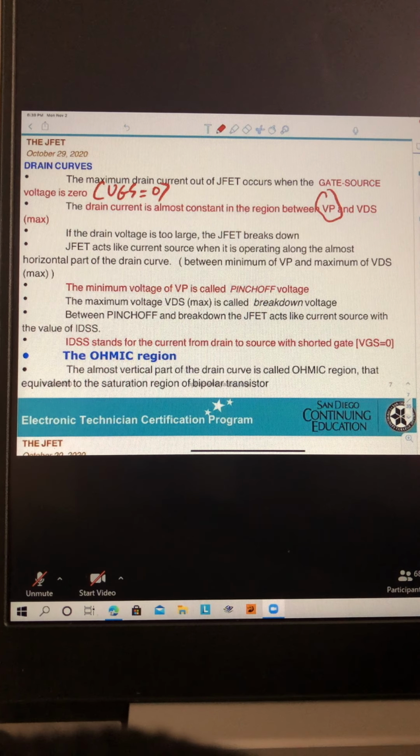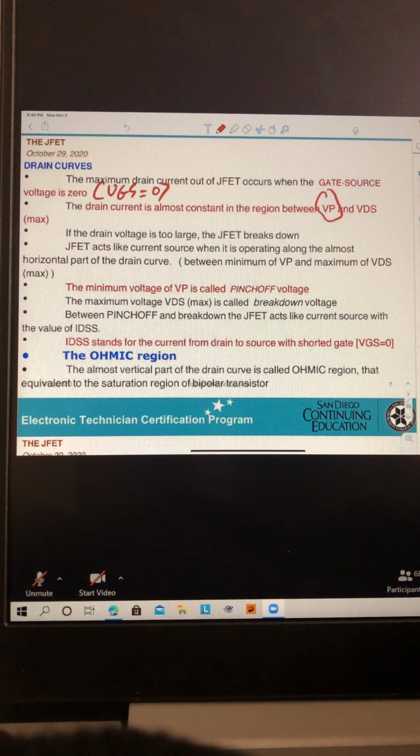Yeah, it's VGS off. Okay, we'll get to that later. VGS off will have the same value as VP, but they will be opposite. Okay, thank you.